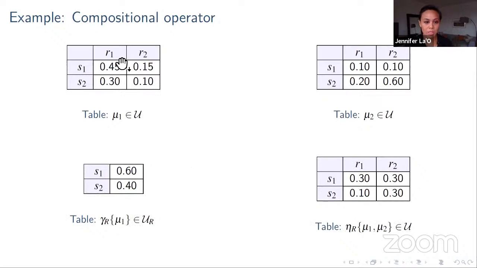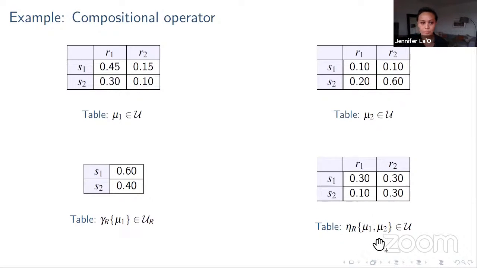All I've done is sum over the R states, so I've lost all information about R. But now I want to add back information using not the conditional distributions of mu1, but instead the conditional distributions of mu2. If I multiply this by the conditional distributions of mu2, I get this new joint distribution.